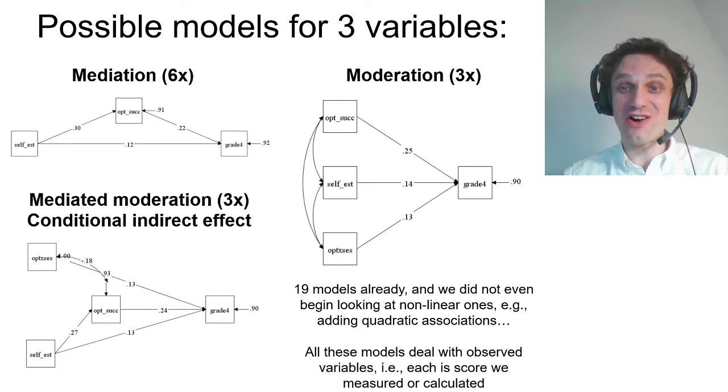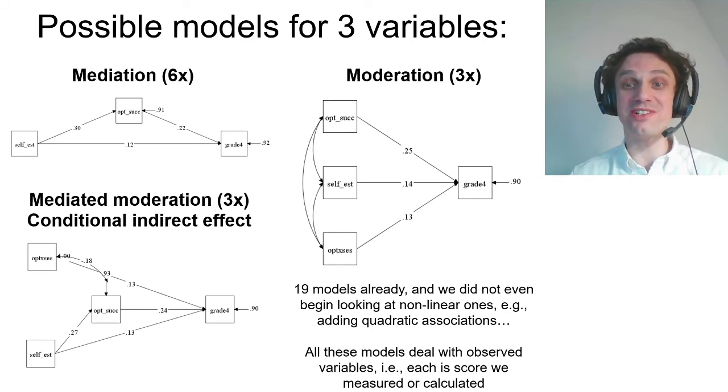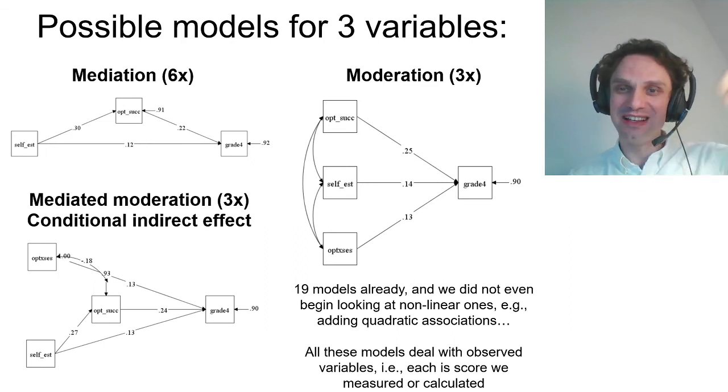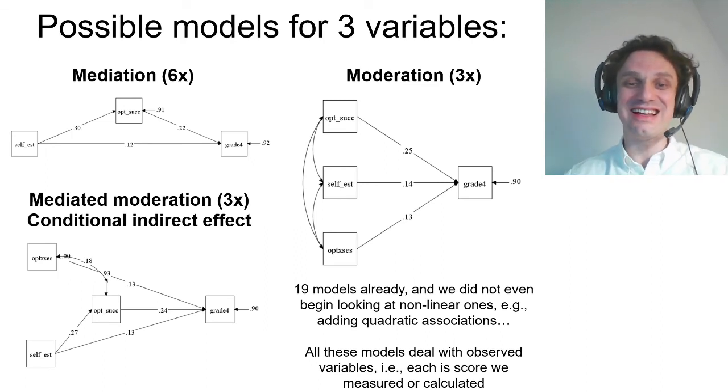So I hope that your mind is not blowing up yet because of all this complexity. We have already counted 19 different models that are possible with just 3 variables. And all these models are linear. So we did not even try to look at nonlinear models. For example, quadratic associations. Maybe the association between optimism and school achievement is not linear. Maybe there is some kind of quadratic effect.